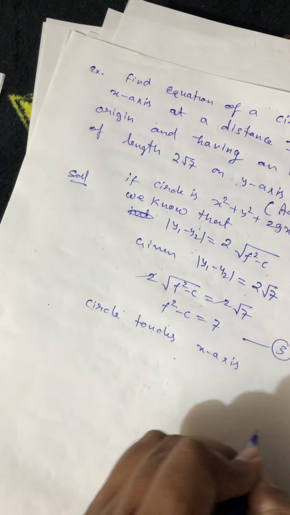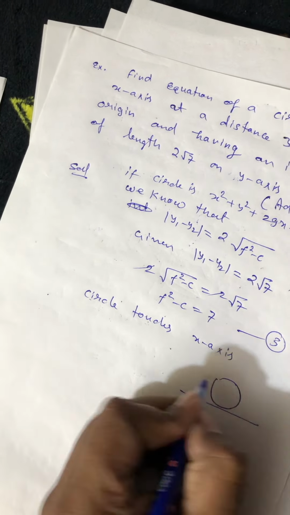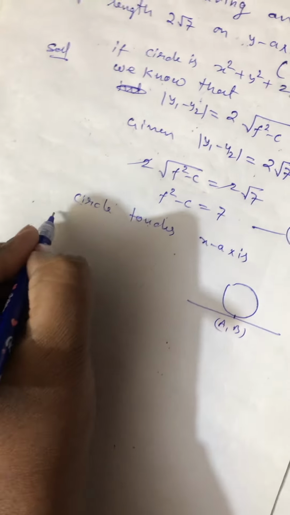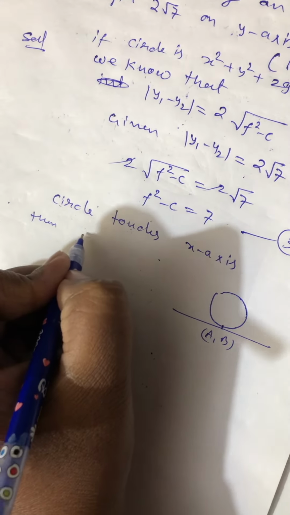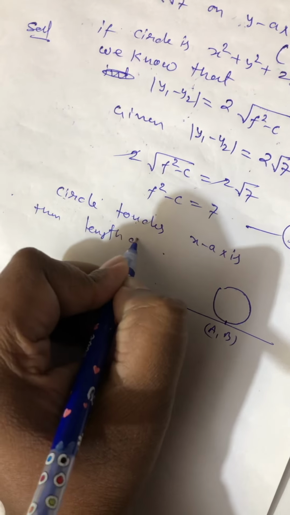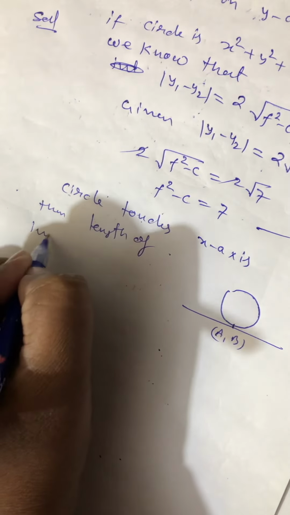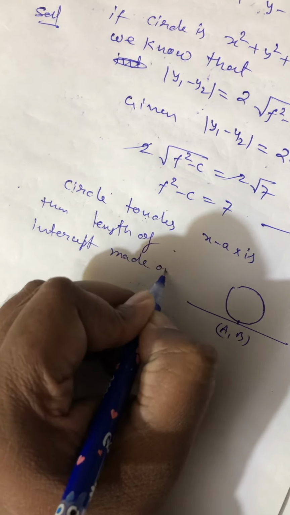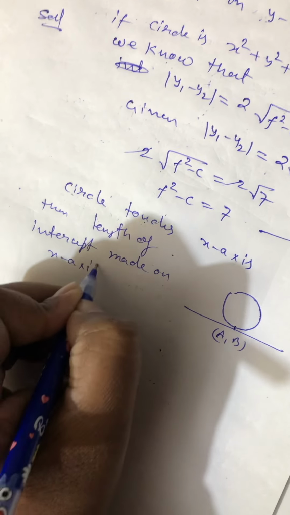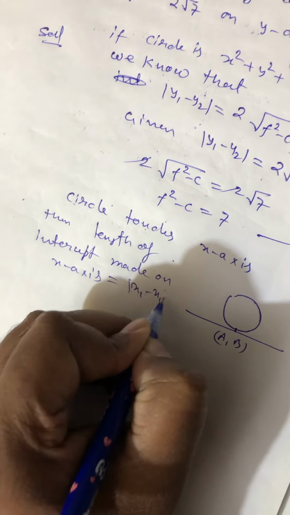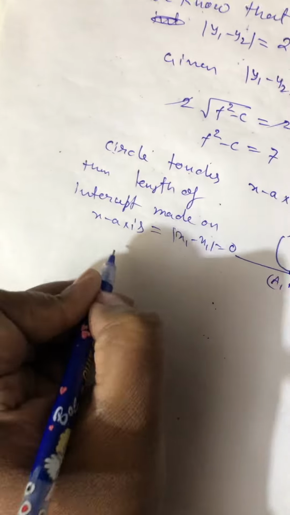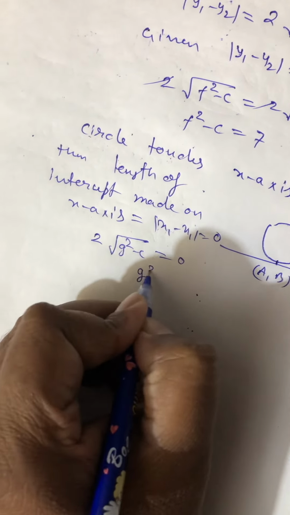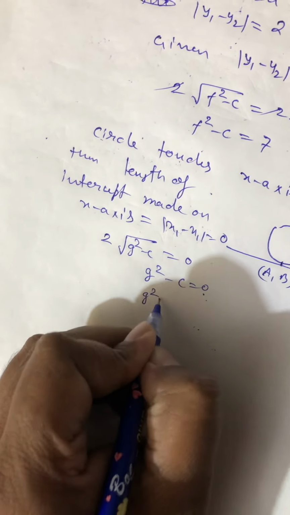If the circle touches the axis, you can see yourself, then a and b both points will coincide. Then length of intercept made on x-axis will be 0, means mod x1 minus x2 value will be 0, which is 2 under root g square minus c, which is 0, which is g square minus c is equal to 0, means g square is equal to c.